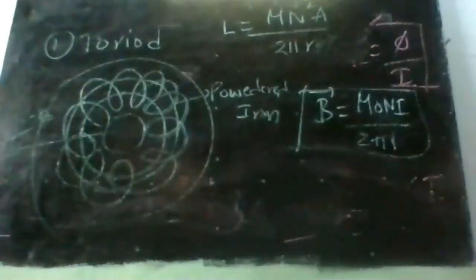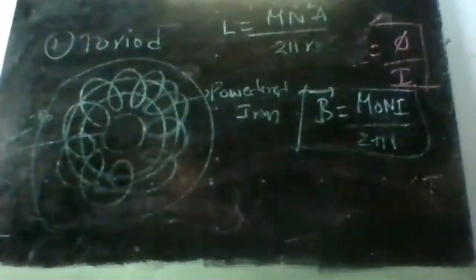The second type of special material that is used for production of magnetic field is the solenoid. Solenoid means it is a hollow cylinder over which we wound the coil.